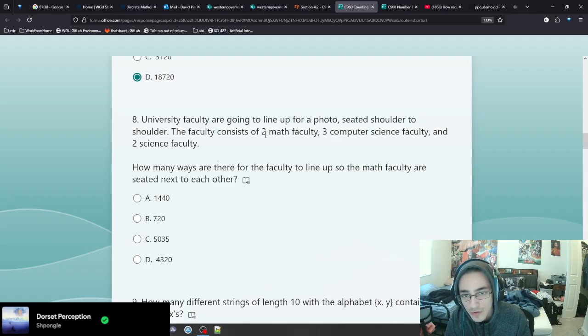I'm gonna use 0 and 1 to indicate the math faculty, and then the other things I'm just gonna put an X. So we got 0, 1, 1, 2, 3, 4, 5. 1, 0, 1, 2, 3, 4, 5.